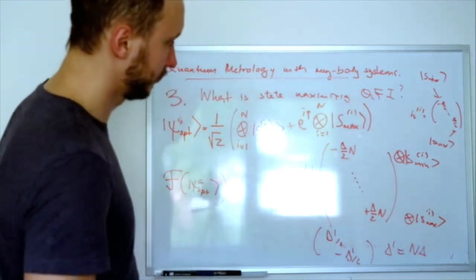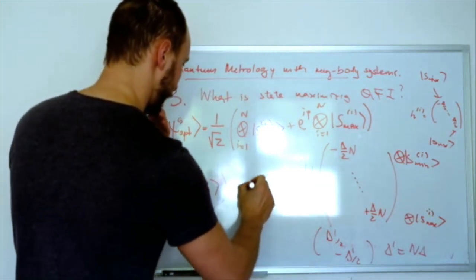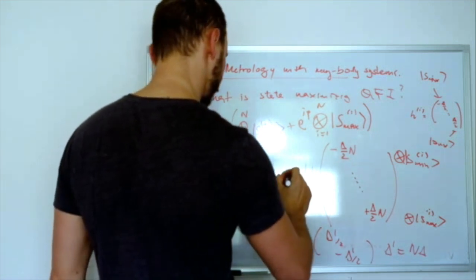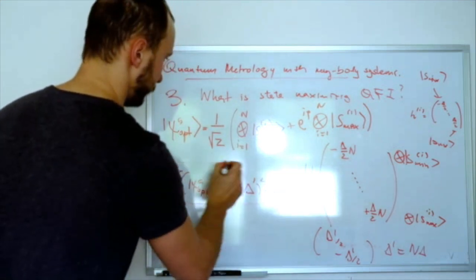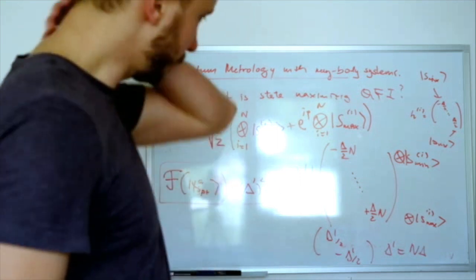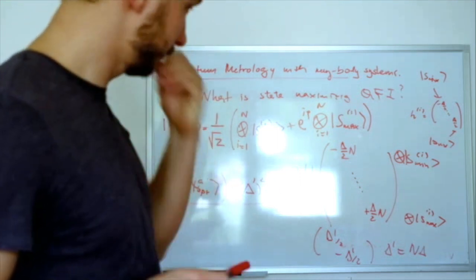This is the same thing here. So this Fisher information is delta prime squared, since we computed it already for the previous case, and this is just n squared times delta squared. Do you agree with this? Yes.